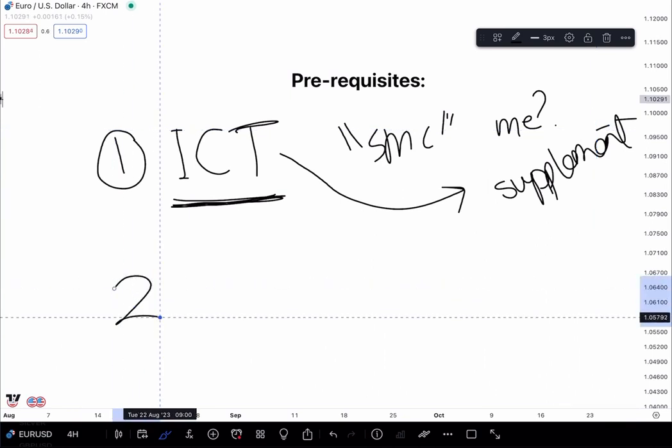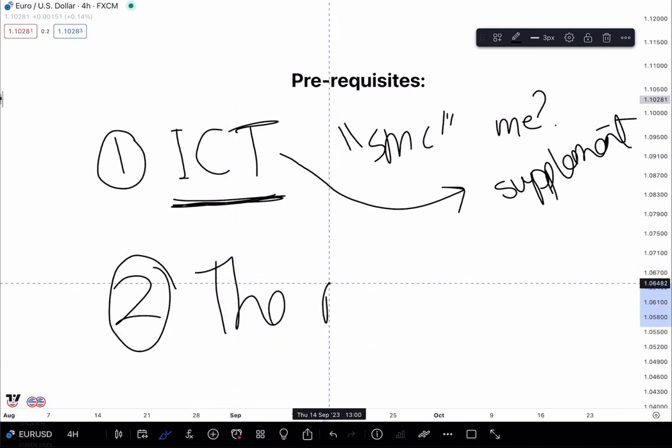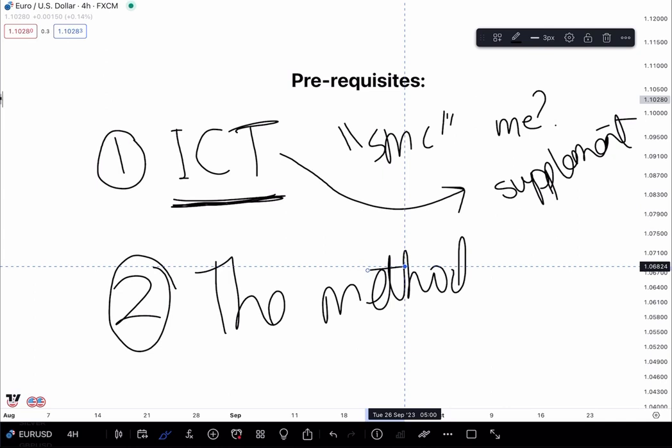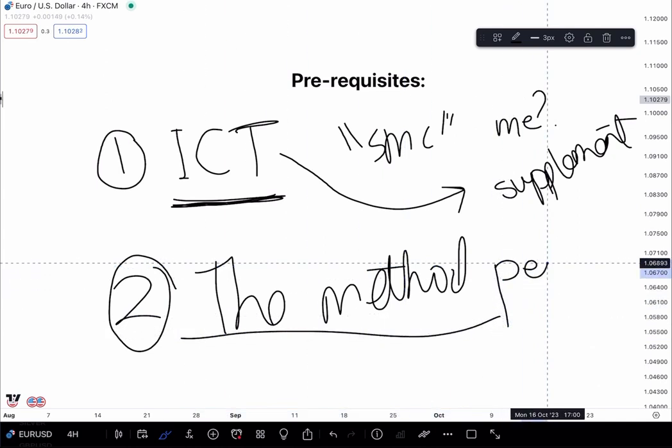Number 2, preferably you have taken the method, which is level 1, detailed in the pinned messages of the Telegram account, which exists at the moment of this recording.